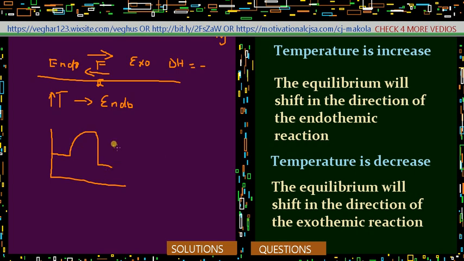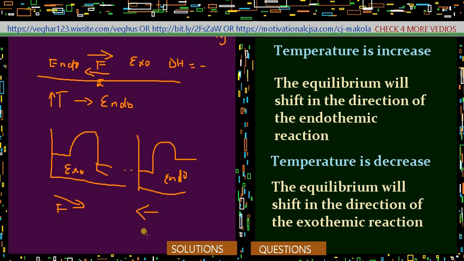If you reverse the graph, you start with this side, which is the lower side, and this side is the higher one. So if the forward reaction is exothermic, the reverse reaction automatically will be endothermic, because you start from this side, and if you want to reverse the graph, you start from this side and go to this side. It's like that.